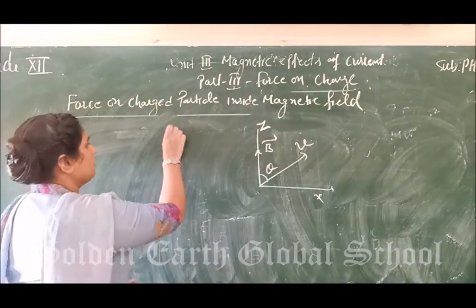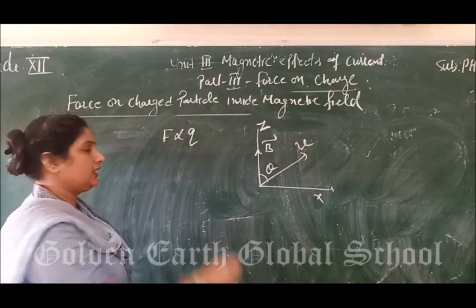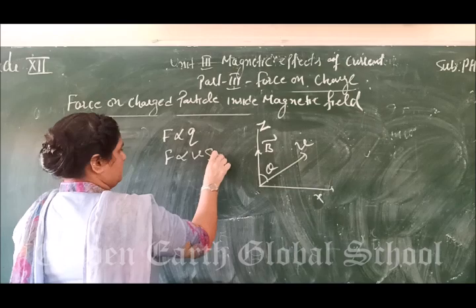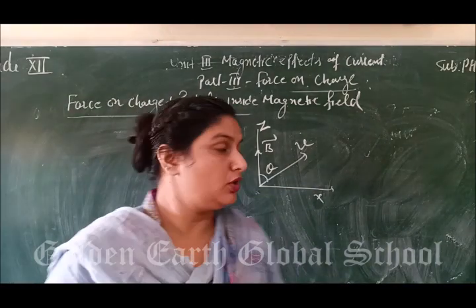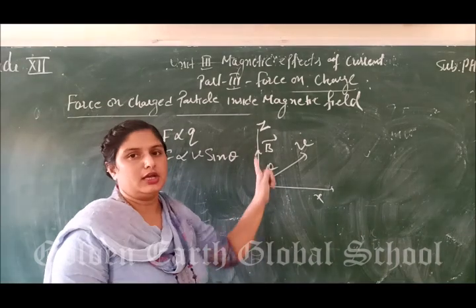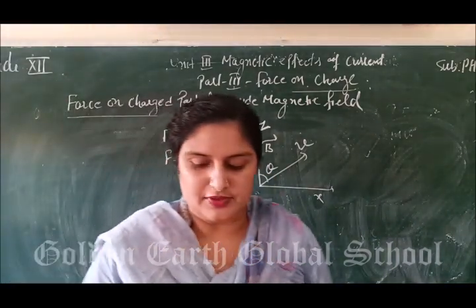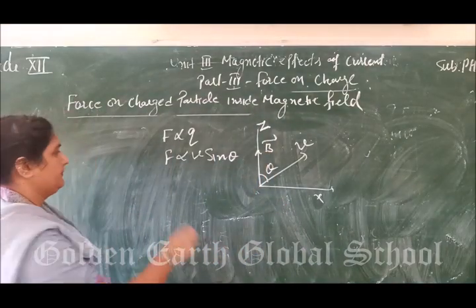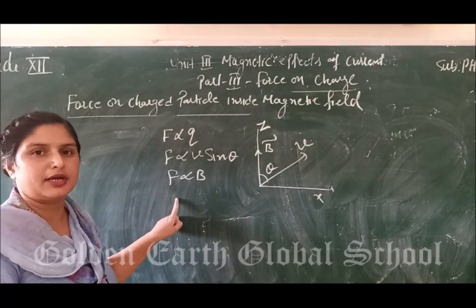Then the force acting on the charged particle will be directly proportional to the charge on the particle, directly proportional to v sin theta, meaning the component of velocity normal to the magnetic field, and directly proportional to B, that is the magnetic field.